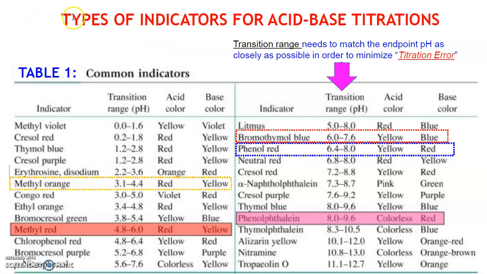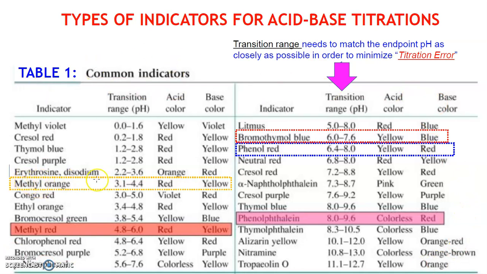Now we are trying to identify what type of indicator you need to use in your experiment. Actually we have a plethora of different indicators. As you can see from this table 1, a lot of indicators can be used.